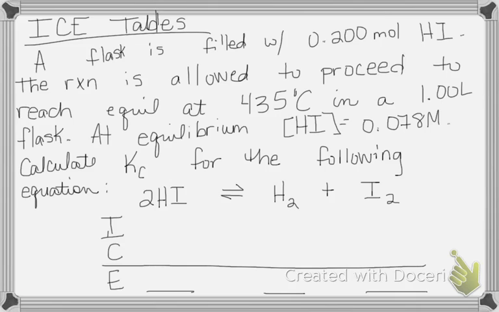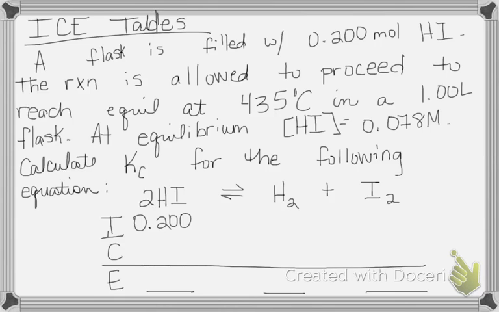Do you guys see from reading that problem that the 0.200 moles, obviously it goes with the HI, but do you also see that it is the initial amount of HI? Because it says the reaction is allowed to proceed to reach equilibrium. So that's my initial amount of HI.